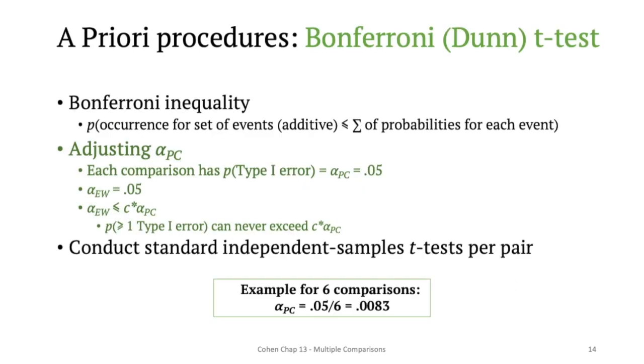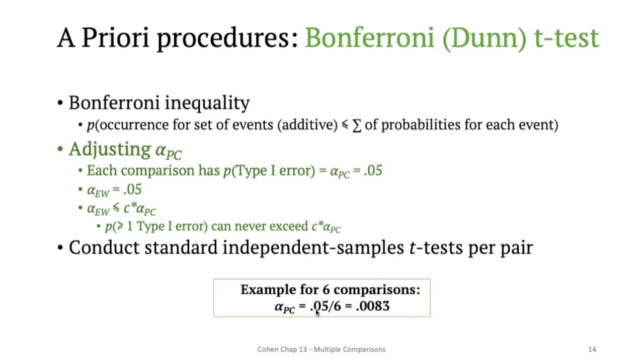You also have the Bonferroni Dunn t-test. This is essentially a t-test, but you're adjusting the cutoff point. The Bonferroni adjustment is your pairwise comparison rate divided by however many comparisons you're doing. So if we had 6 comparisons and our alpha was 0.05, we would just divide 0.05 by 6, and this would be our new cutoff.